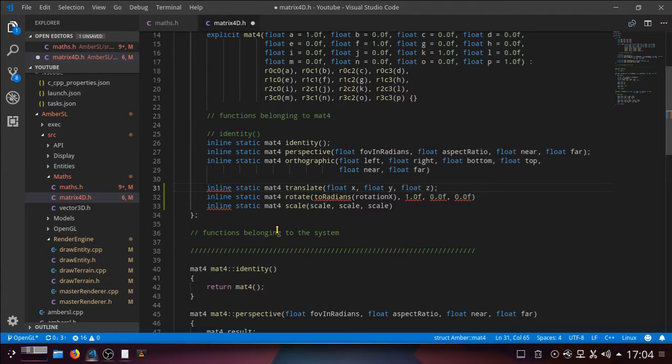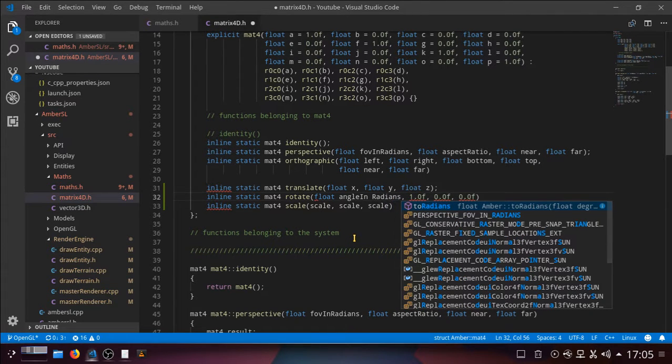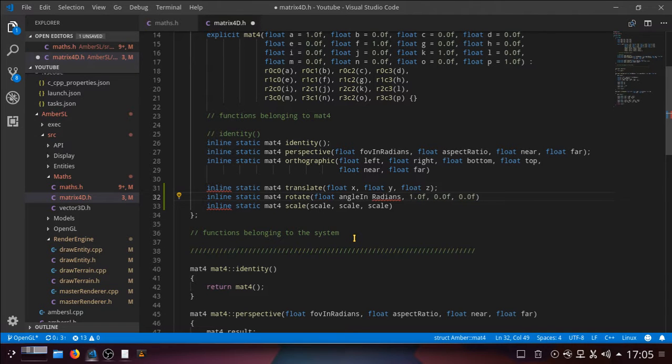Next is rotation. Inline static Mat4 rotate. We don't do 2 radians in here. So we will just have float angle in radians. Remember, always tell people what you are using. Then we have 3 floats which are x, y, and z.